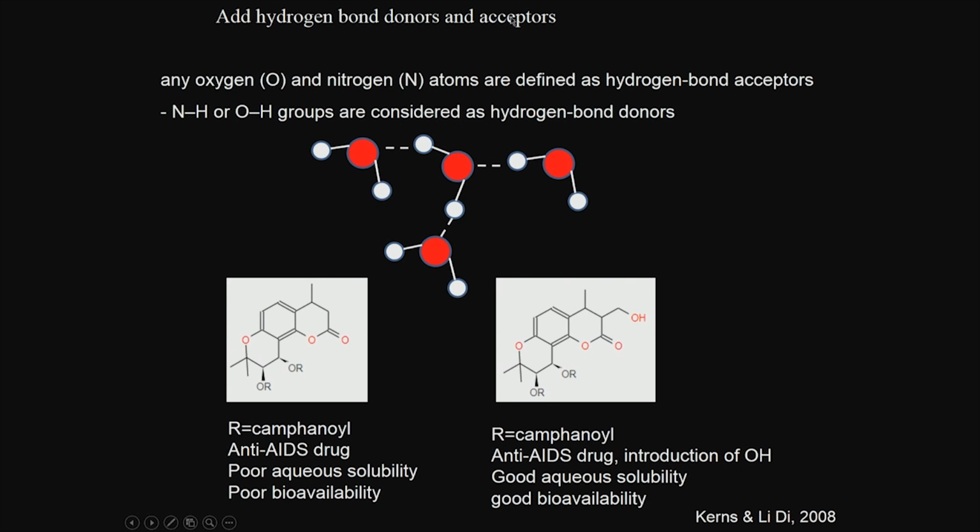Okay. Hydrogen bond donors and acceptors. By adding hydrogen bond donors and acceptors, we can change the aqueous solubility. For example, what is a hydrogen bond donor or acceptor? Oxygen, nitrogen are defined as hydrogen bond acceptors. Okay. Whereas NH or OH groups are considered as hydrogen bond donors.